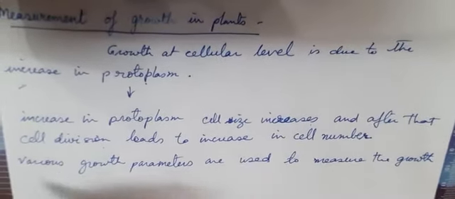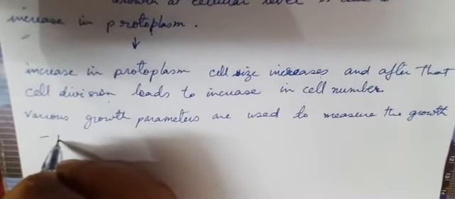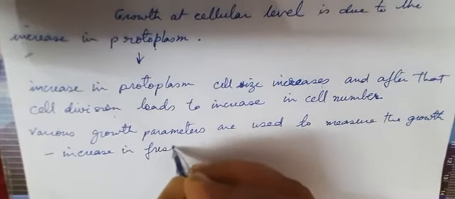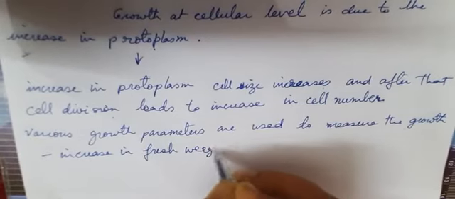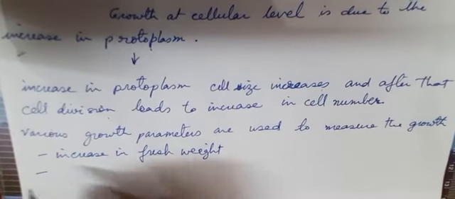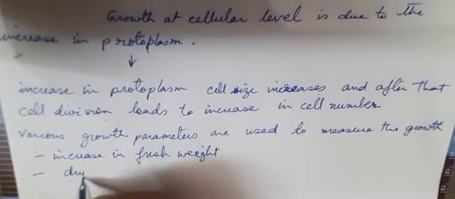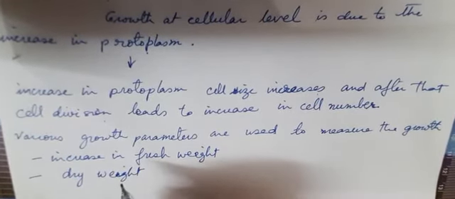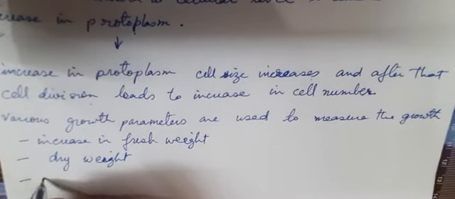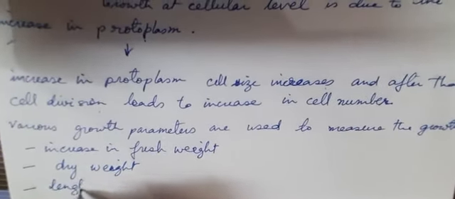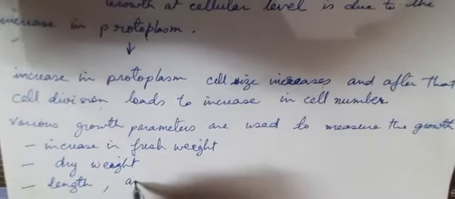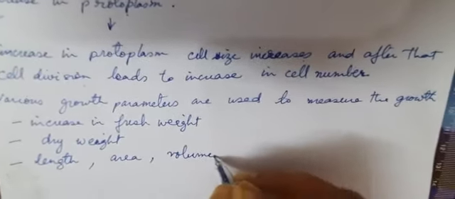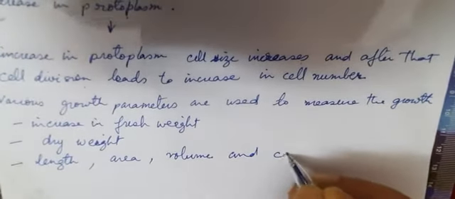So these parameters may be increase in fresh weight, or dry weight, or increase in length, increase in area, volume, and cell number.